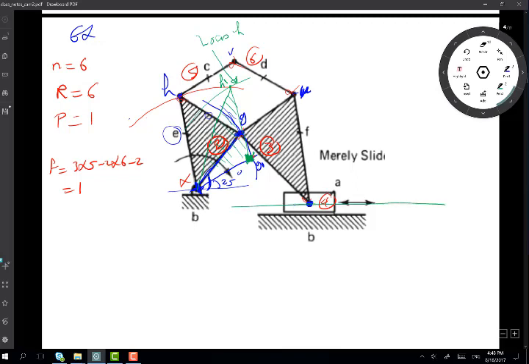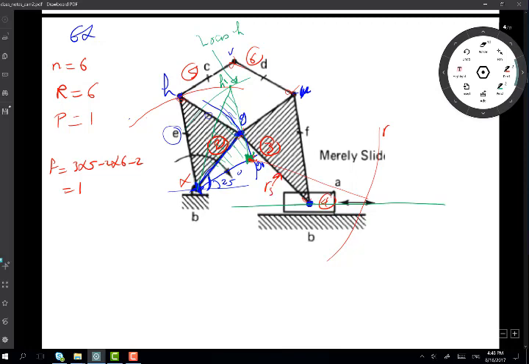Once I have found the new position of the slider, which is point A prime, maybe use a different color here. From this distance I can draw a circle. You can just call this R3.